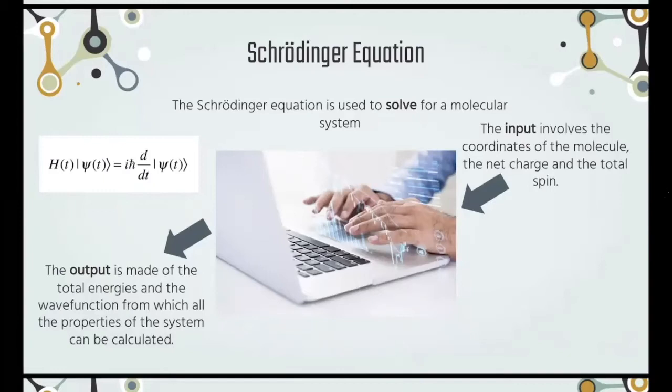What you do is, in the supercomputer, you input, similarly to the problems that Dr. Jorgensen gave us, the coordinates of the molecule, the net charge, and the total spin, and then the computer gives you the output, which is made of the total energies, the weights, and the wave function, from which a lot of the properties of the system can be calculated, such as the heat of formation and all of that stuff that we really care about in this research.